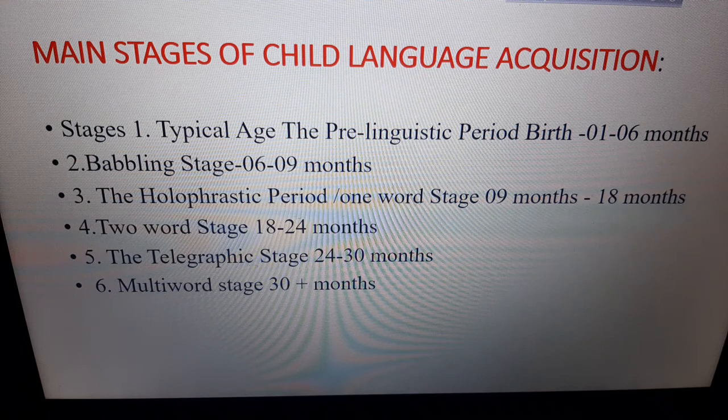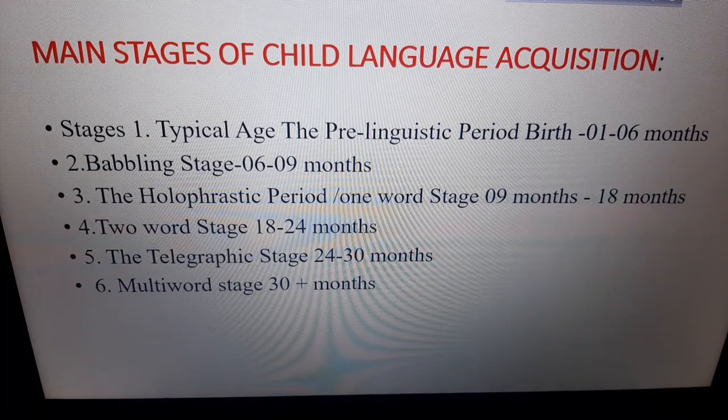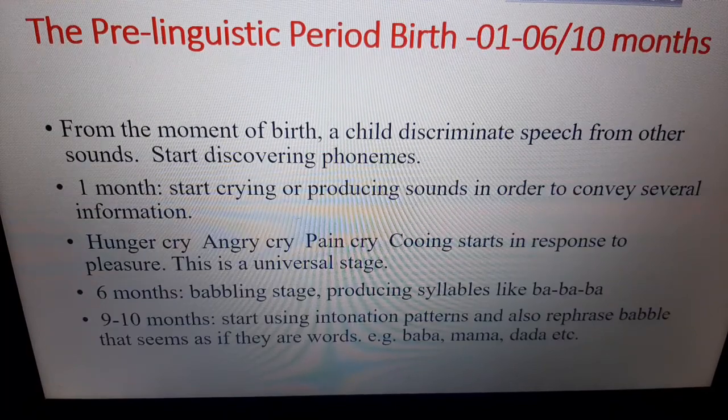Number 3, the holophrastic period or one word stage, from 9 months to 18 months. Number 4, 2 word stage, 18 to 24 months. Number 5, the telegraphic stage, 24 to 30 months, and number 6, multi-word stage, 30 plus months, that may continue till 5 years or more than that.